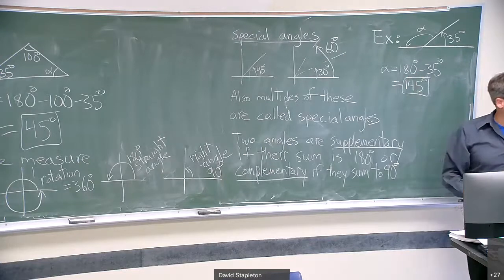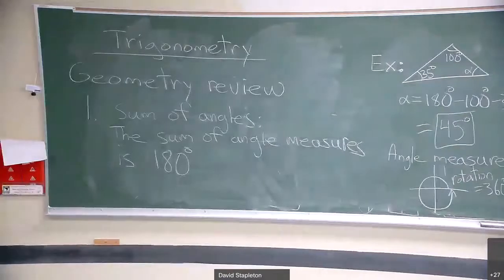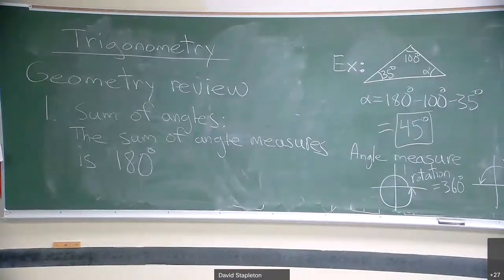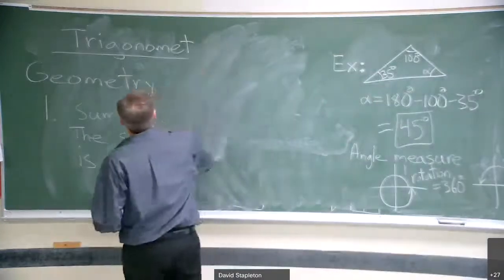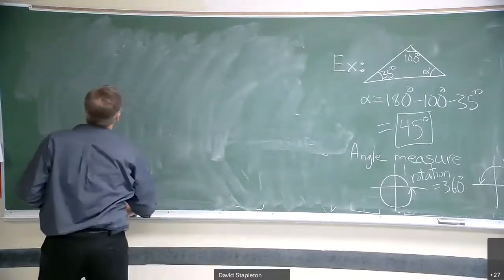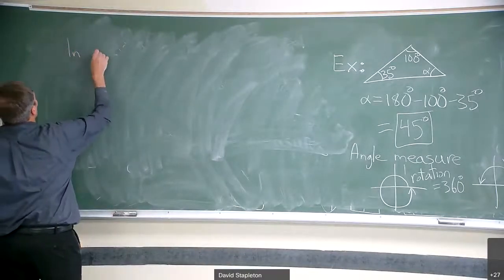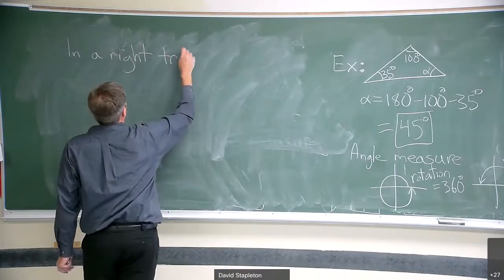Also in a right triangle, we have the following. A right triangle is a triangle that has a right angle in it, right?